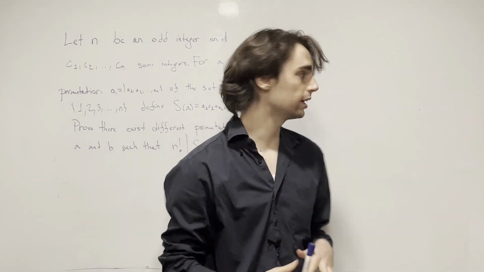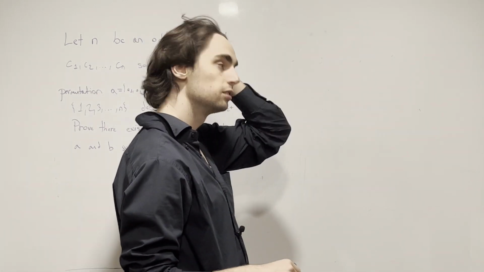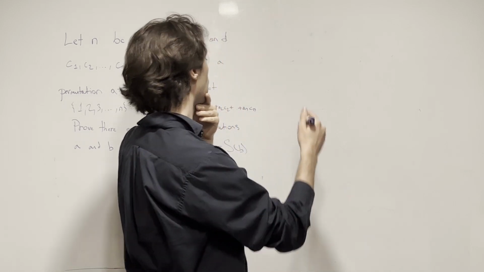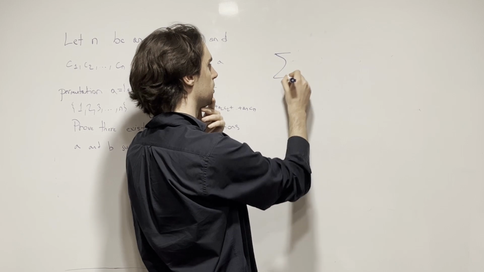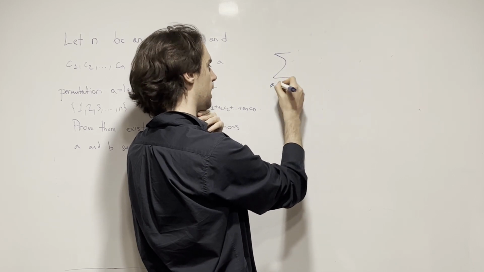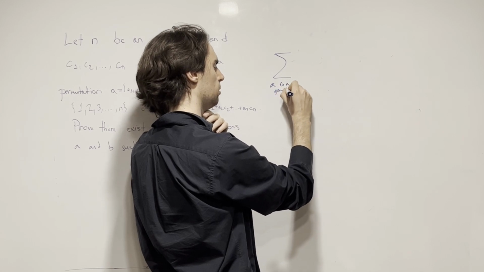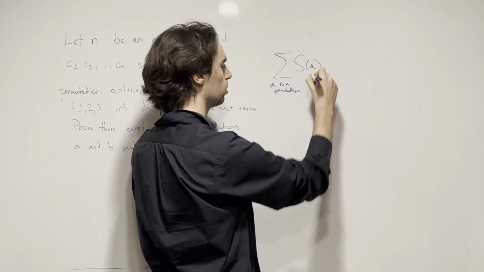And now this is where we get to use our counting in two different ways. Let's see. We go over all the permutations. Say A is a permutation, and we sum up S(A) over all those permutations.